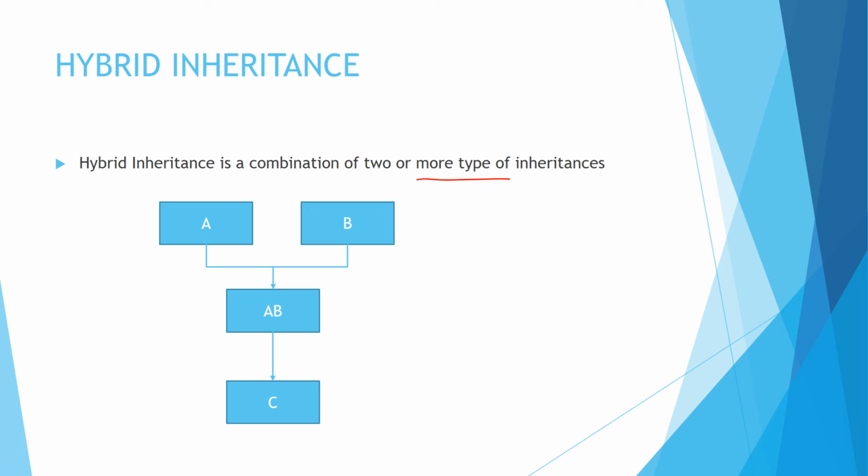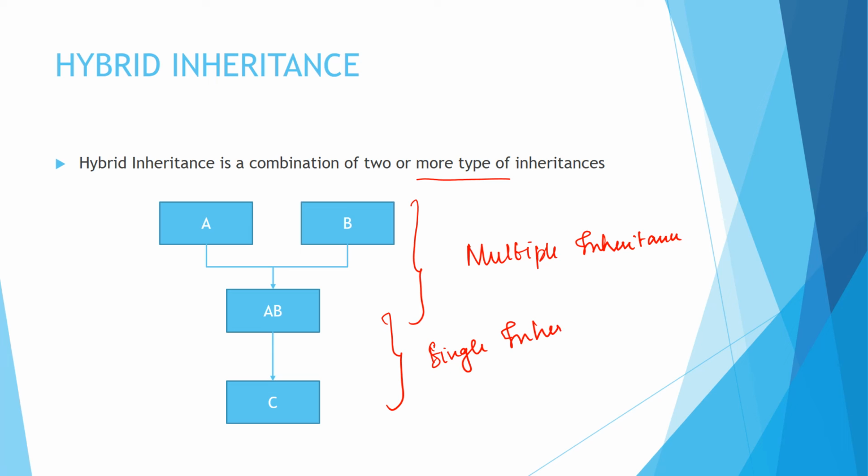So what is the combination of inheritance present here? This is multiple inheritance, and this is single inheritance. So a combination of these two will give you hybrid inheritance. Am I right? Now we'll see an example of this using interfaces.